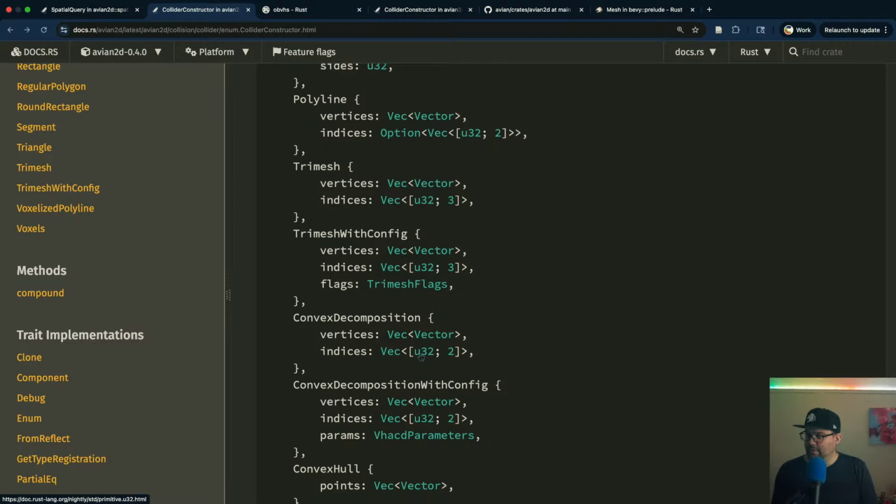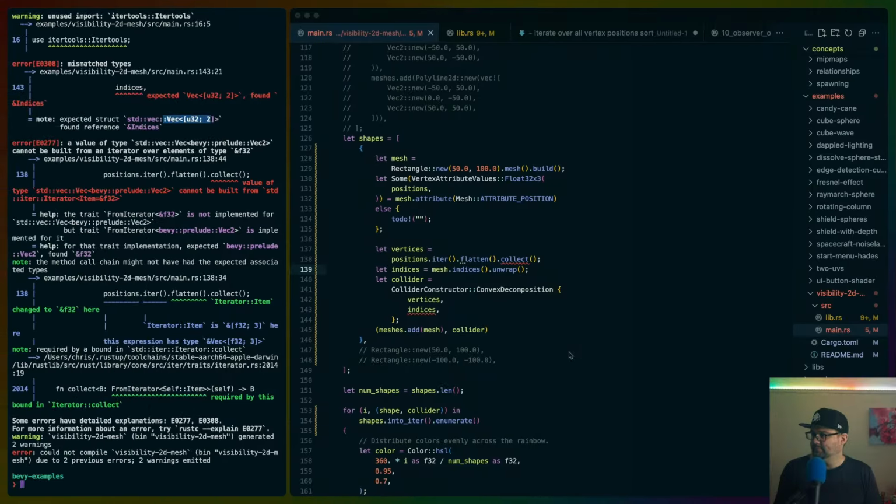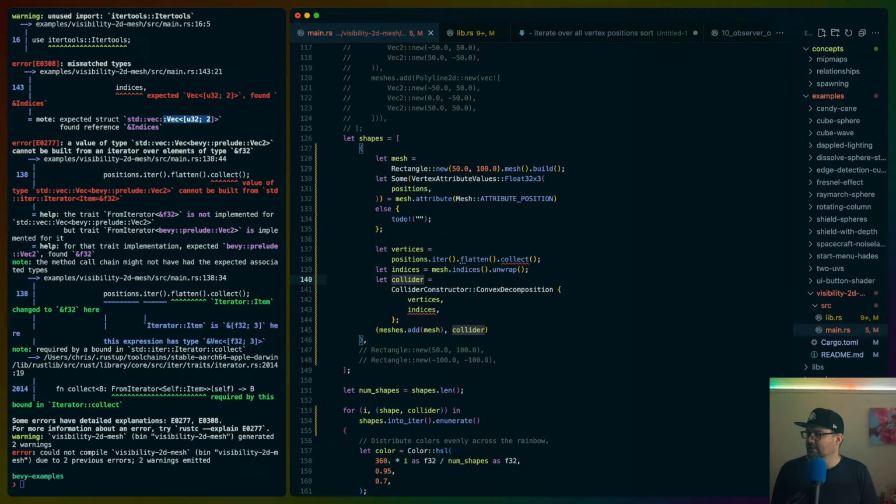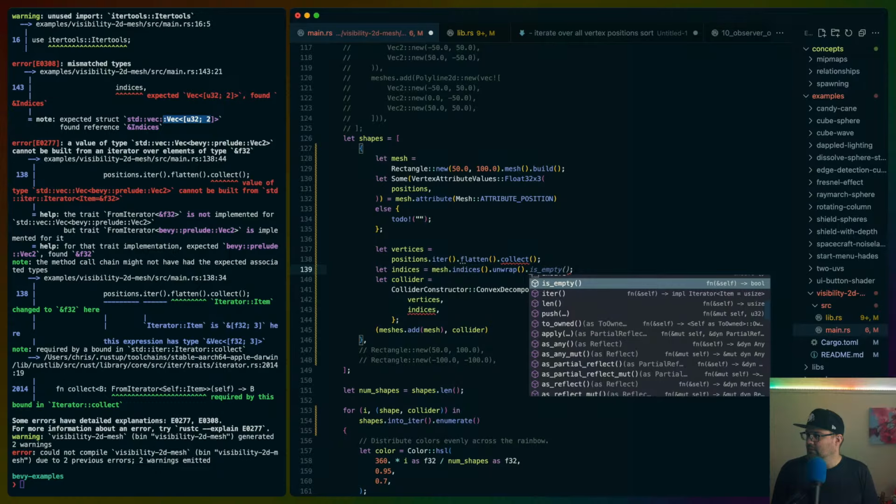Why is this a two-dimensional vector? Oh, that's really weird. So we have to group these into two? I'm used to indices lists just being a flat list. So we have to iterate over this.